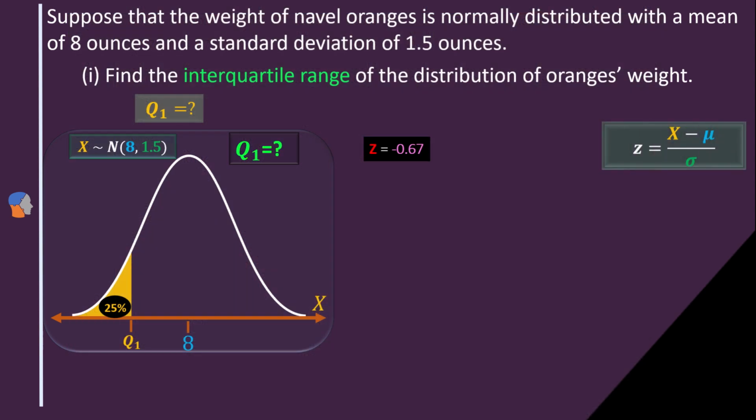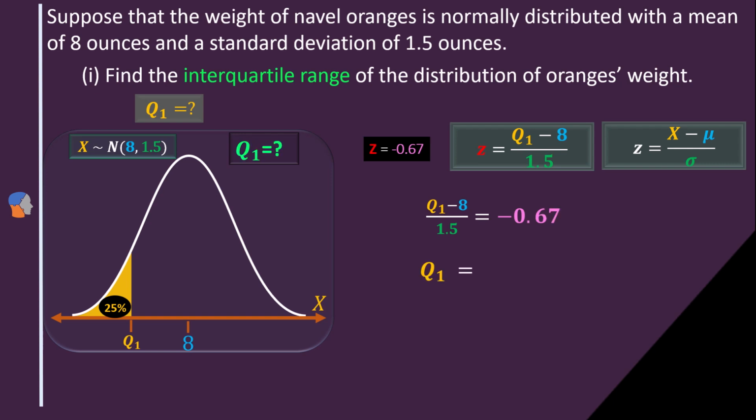Now use the formula. Here x is Q1. So the z value from the formula is Q1 minus 8 over 1.5. We know there are two z values for Q1, one from the table, the other one from the formula. Make them equal each other. Solve for Q1. Q1 is 6.995.